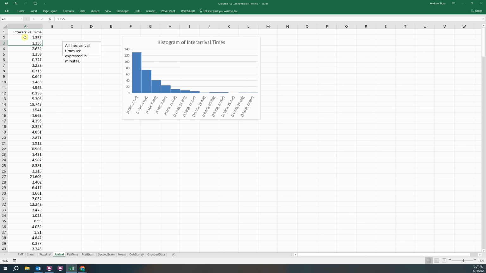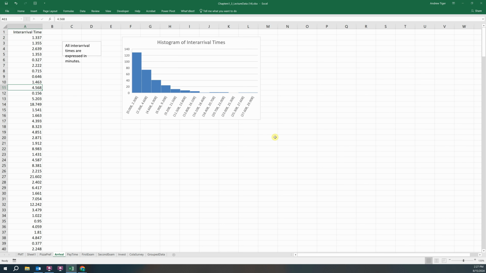So you can see that this one, 1.337, would be thrown into this bin, because 1.337 is between 0.008 and 2.308. This one, 18.749, would drop into this bin. And if you notice, there's exactly 1 or 2. So that's one of the 2 right there. This 4.568 would drop into this bin.